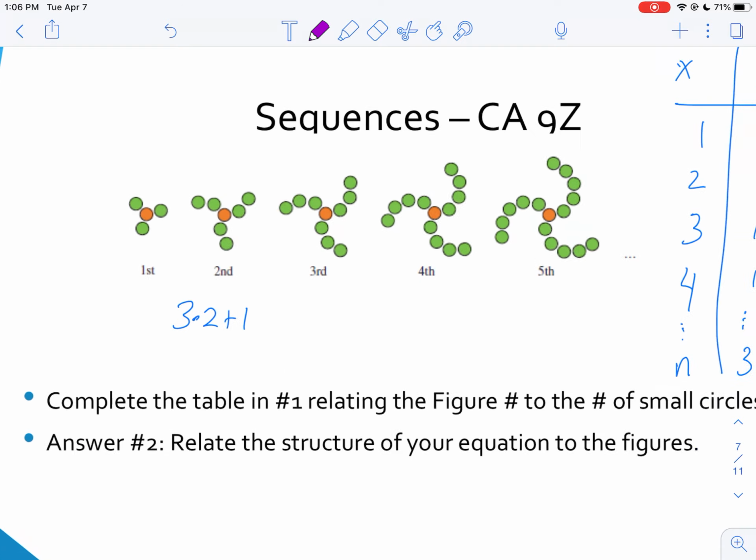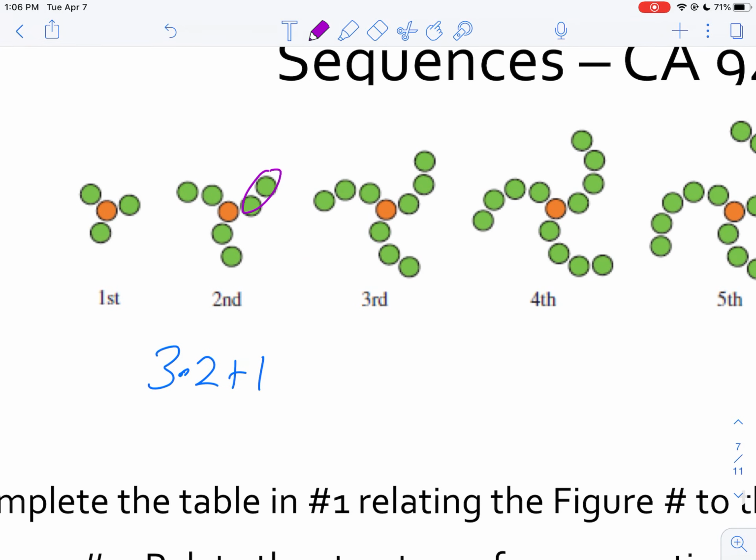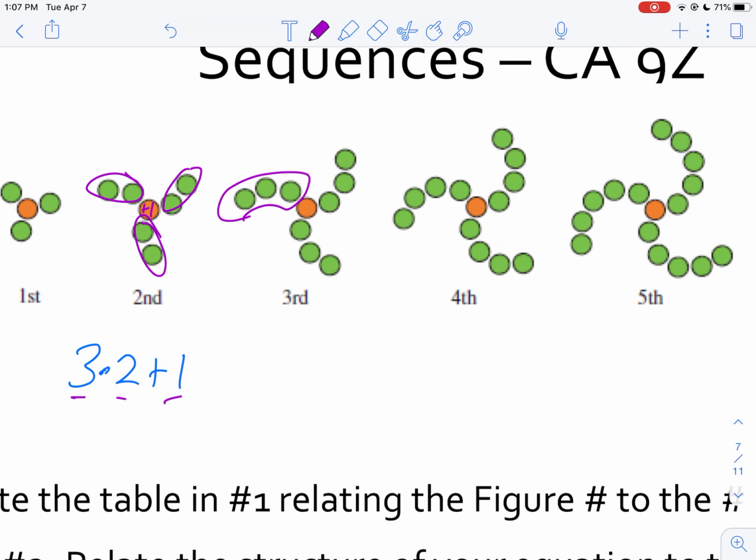Hopefully you're able to see this, but you can think of this as 3 sets of 2 plus 1 center arm. If you look at this, this is 3 sets of 3 plus 1 center. 3 sets of 4 plus 1 center.